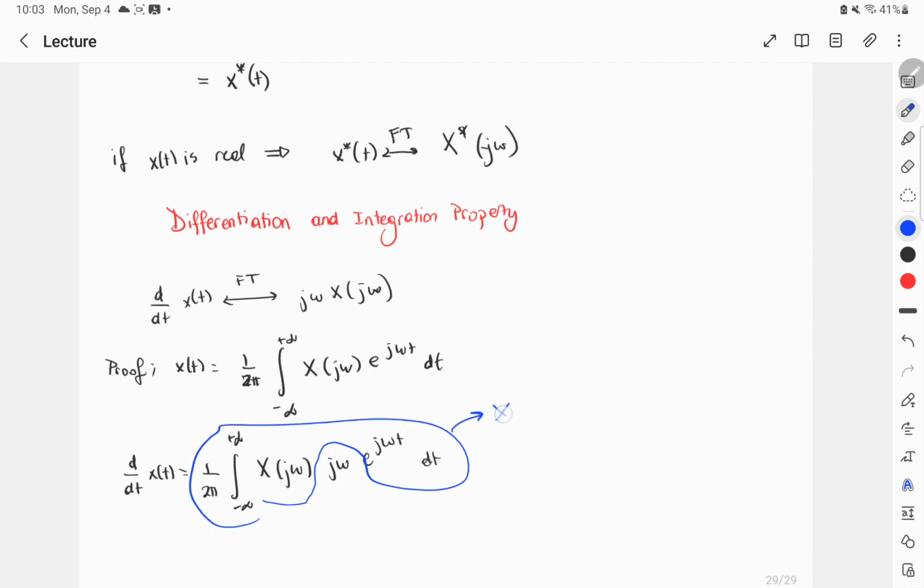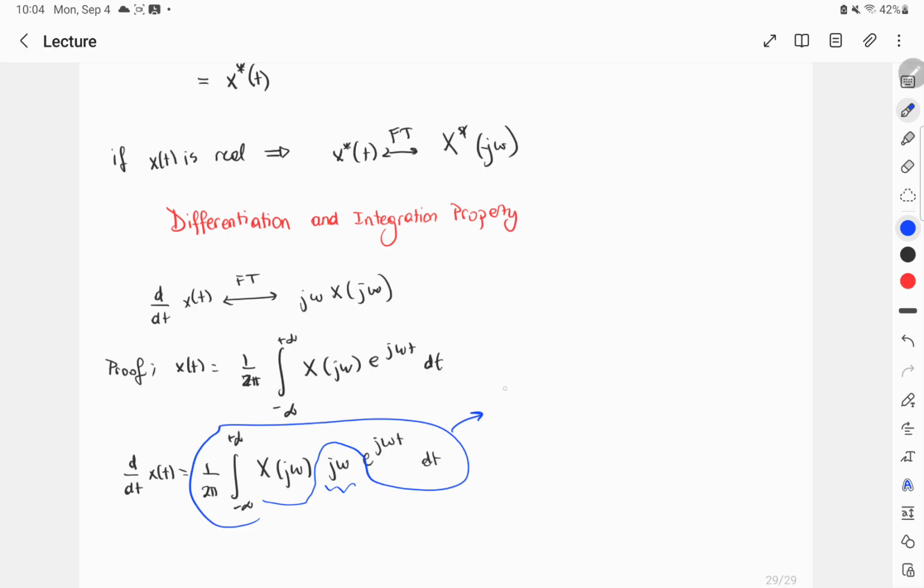So this is already equal to our function. And the only difference is that we are going to multiply it with jw.